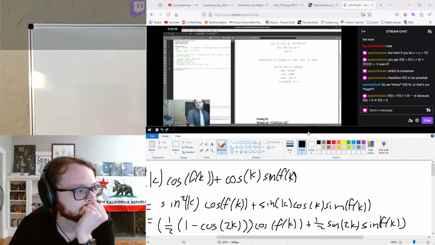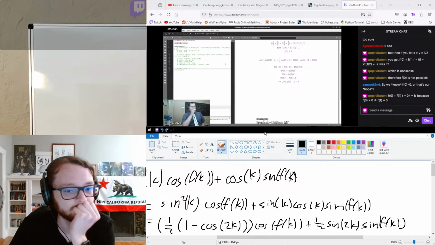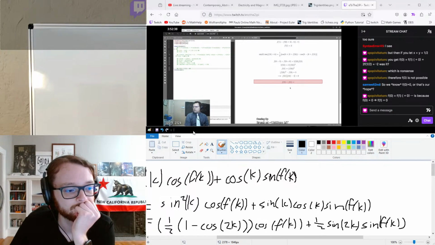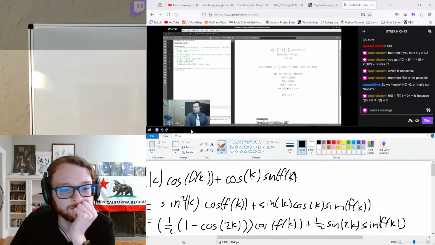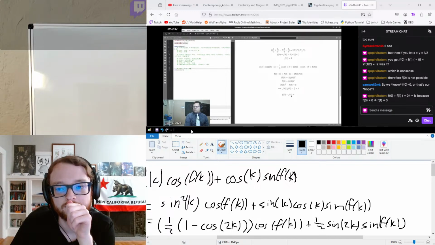C is equal to 0. Can you show me that, SPQ? Is it because you're putting in x equals 1, 0, and y equals 1? Is that what it is? Or something else?